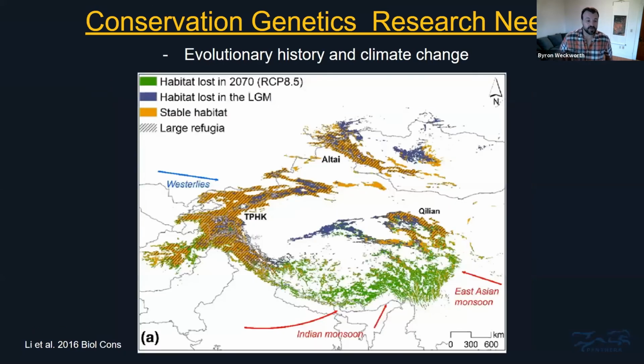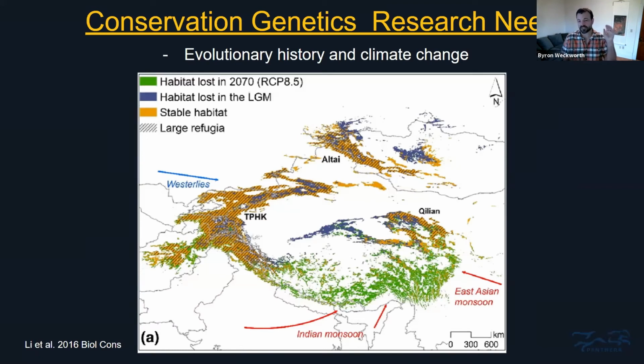Getting into a paper that came out a couple of years ago on the impact of climate change on snow leopards. This is snow leopard range and the predicted changes in their range under various climate scenarios, going back to the last ice age and then projecting forward into 2070, to better understand the impacts of previous large climate change events on snow leopard distribution and the related shifts in genetic diversity, like identifying, in these hashed lines, these large refugia.